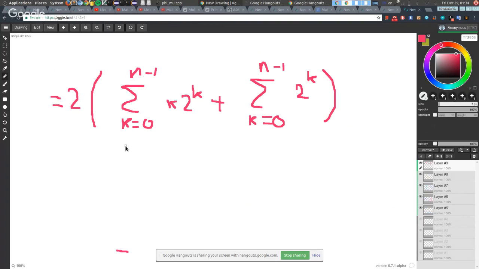So here we have this. And as we can see, we can also make the k instead of 0 to be 1. So this is basically 2 times Sn minus 1 plus this term, which is a geometric series.